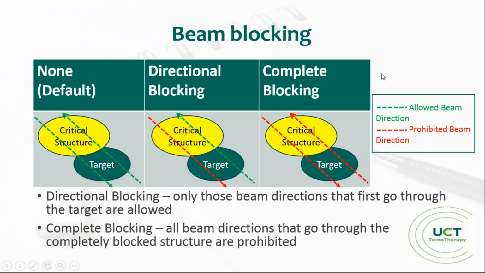When a structure is directionally blocked, only those beams go through it that first went through the target. And complete blocking prohibits any beam directions that come through the structure.